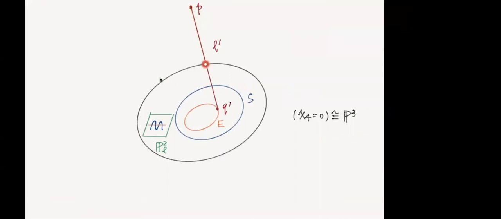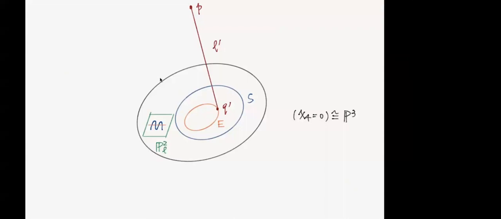Here I take a line joining the Eckardt point and one point on the elliptic curve. So this point is on the cubic surface. The reason why we get this blue quartic curve is that I just project my cubic surface from this point.